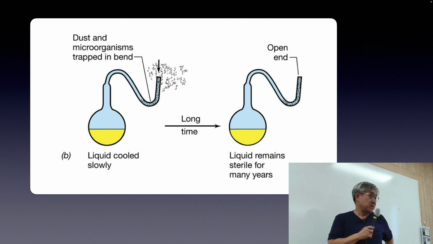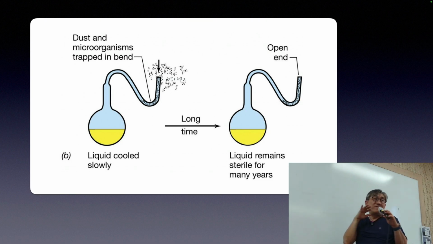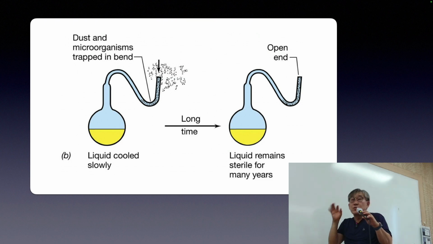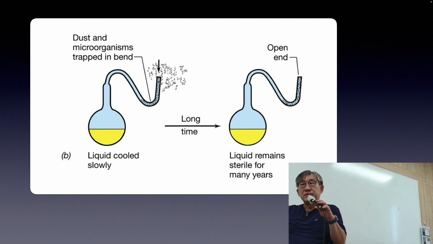Why? What do you think the reason is? If you simply stop the opening, the experiment would have been very boring. Nothing will happen, no matter what. It will stay the same.